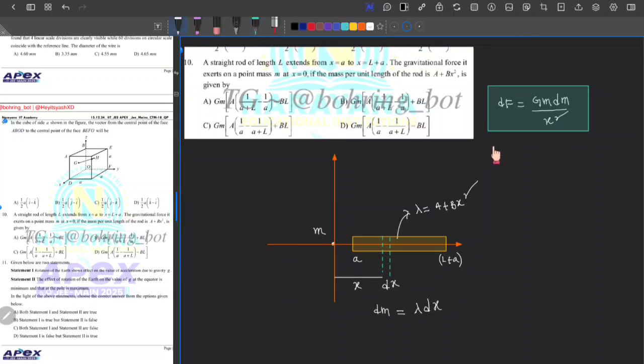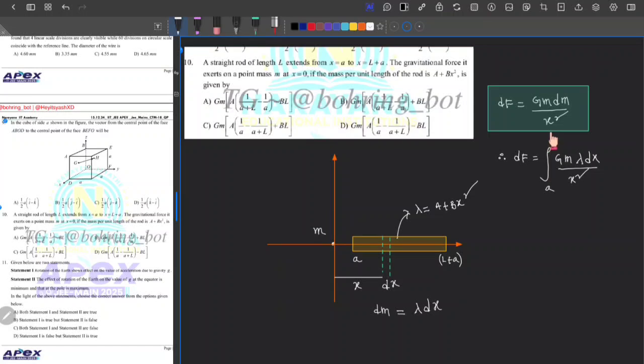Therefore, if we substitute and integrate, F is equal to the integral of G small m dm, which can be written as lambda into dx, by x square, and you have to apply the limits from a to l plus a.